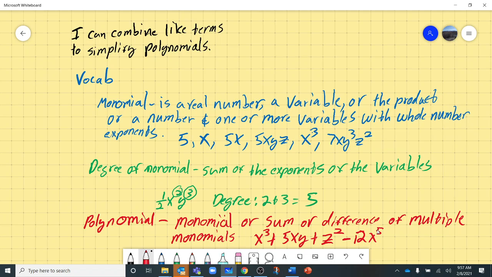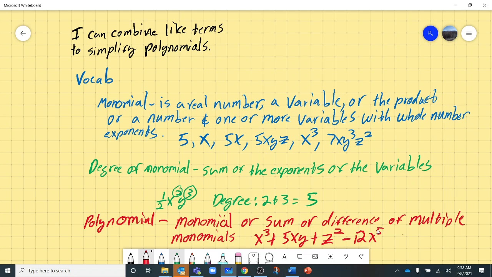Okay, so each of these terms, these are called terms. Each individual monomial is called a term. So x to the third power is a term of the polynomial. So each monomial is a term of the polynomial. Each of these are terms of the polynomial, and all of them put together is called a polynomial.